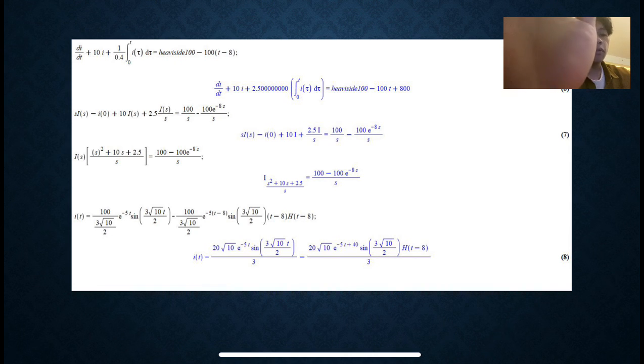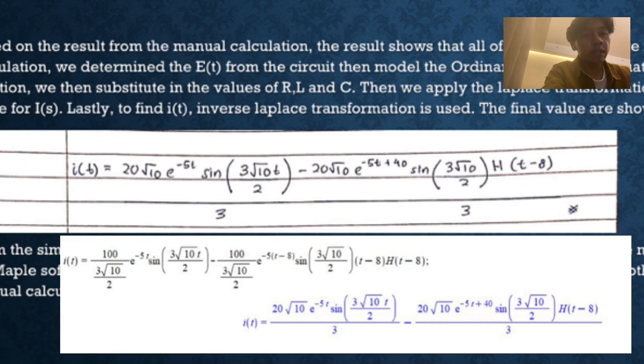And here is the proof that the final answers of our simulation and the final answers of our manual calculation are the same. Based on the evidence shown, the manual calculation done by us has the same answers and uses the same methods as the simulation with Maple software.